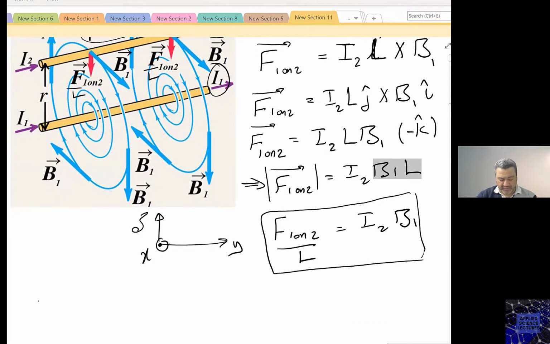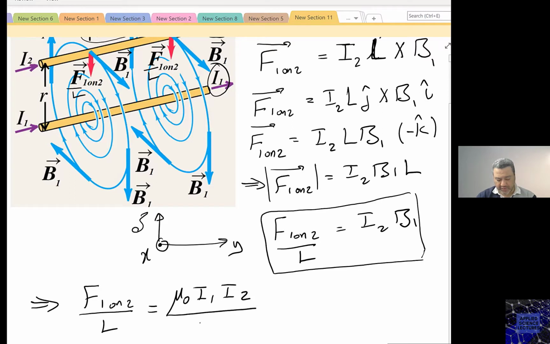Now I can also say F1 on 2 over L in terms of the current. So this is I2 times B1. B1 is mu naught I1 divided by 2 pi r.